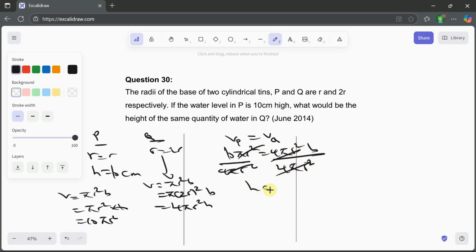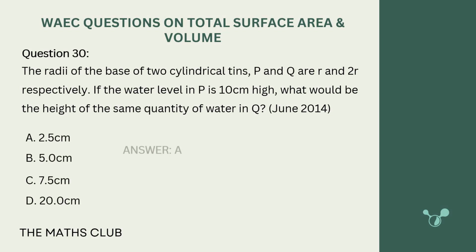Our H is 2.5. So 2.5 meters. That's the quantity of water in Q. Let's see if we're correct. That will be option A.